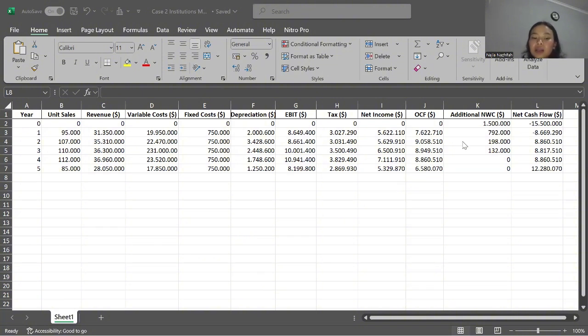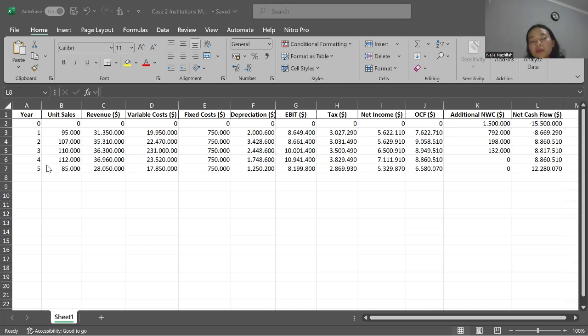Additional working capital is 2,000 times 330 times 20% equal $132,000. And last is net cash flow. Net cash flow we got from operating cash flow minus working capital. We got $8,117,510.